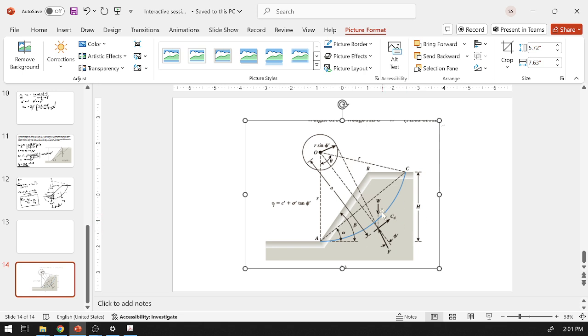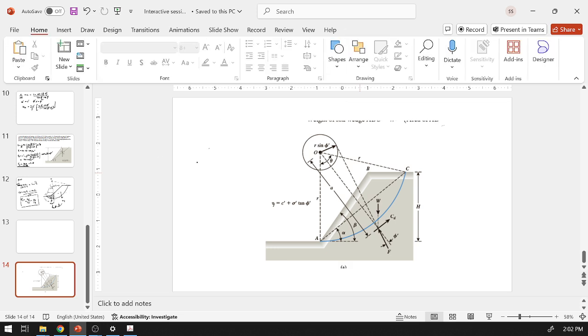So we calculate the W here and we draw a force vector, actual force vector to scale.